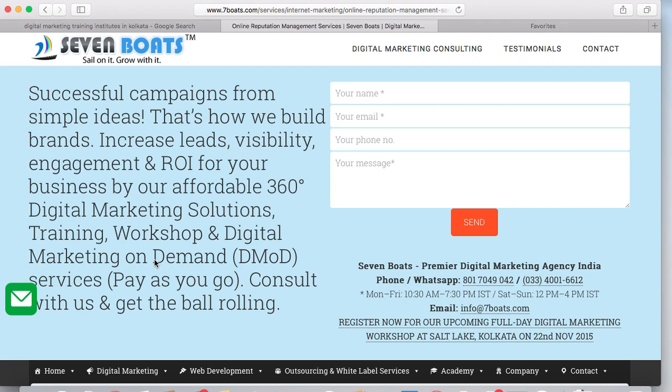Again, another thing you have to remember, the similar kind of keyword, to get rank, you can't build different pages. For example, if we take one keyword for our company, digital marketing company in Kolkata, so we can focus digital marketing company in Kolkata for our home page.